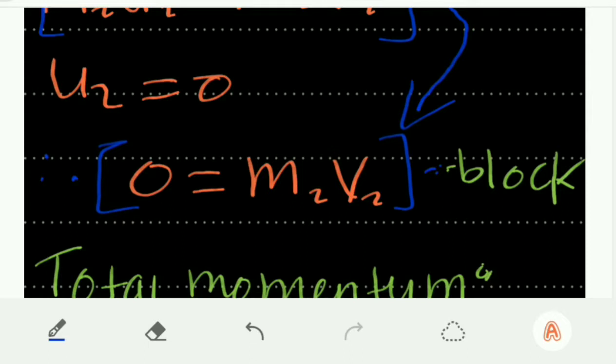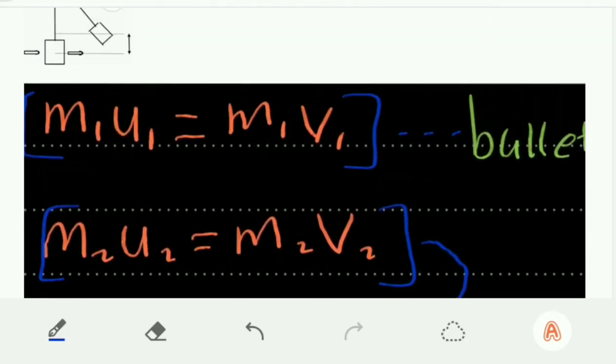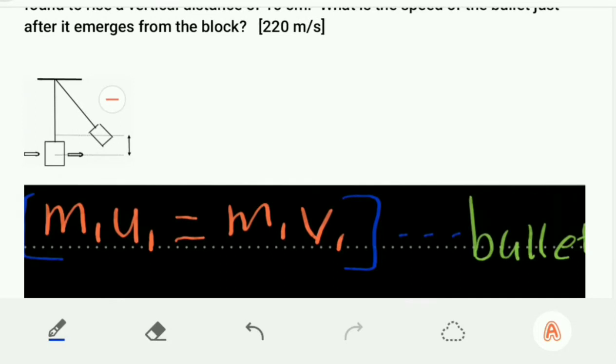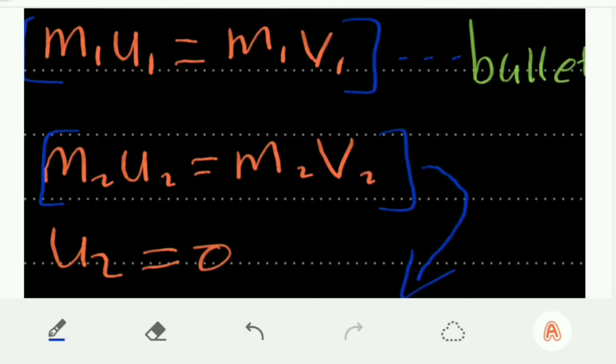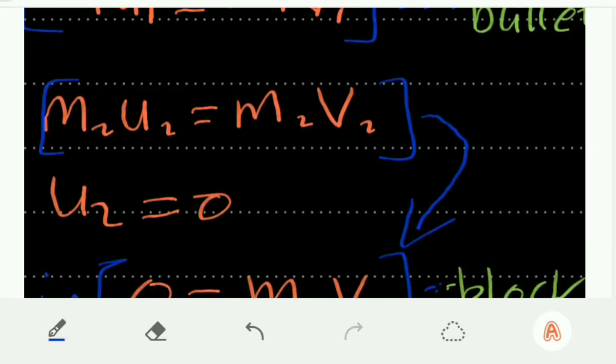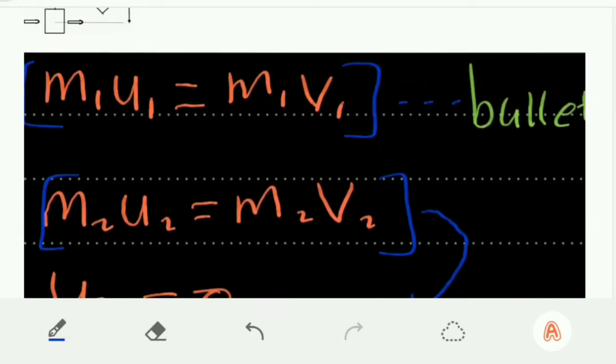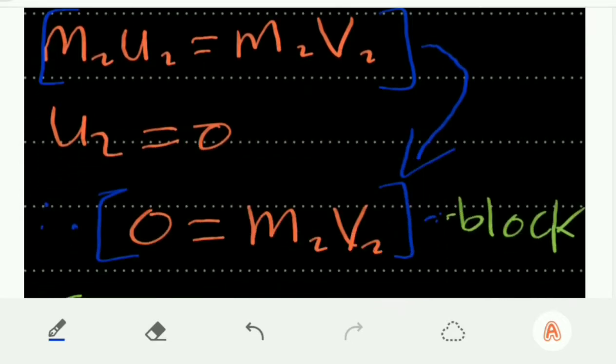Because we are dealing with a system of both the bullet and the block, we have to combine the momentum and work it out in totals. So we have the total momentum before the incident being equal to the total momentum after the incident.